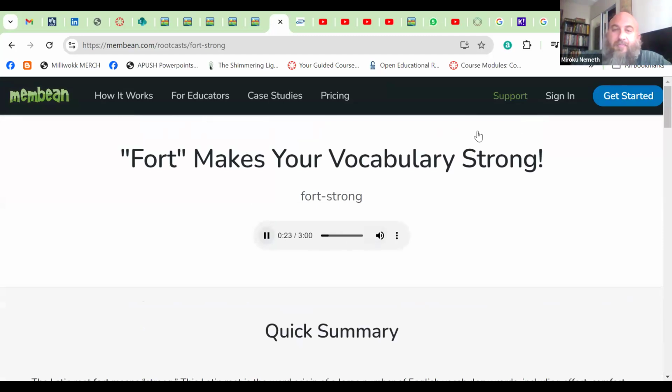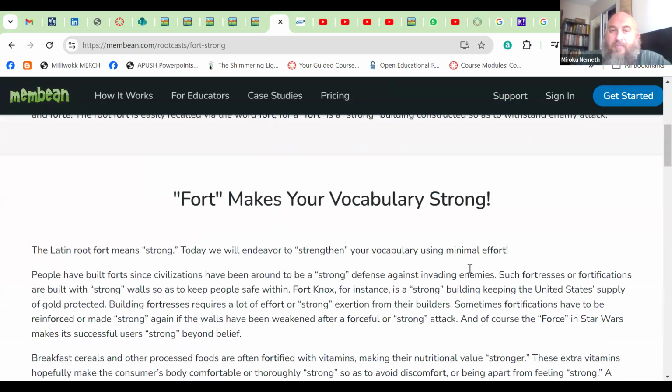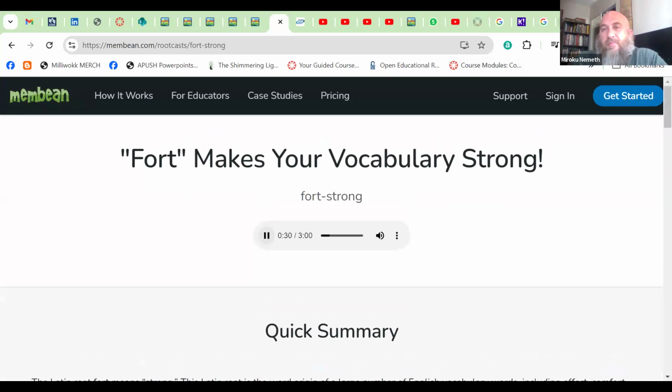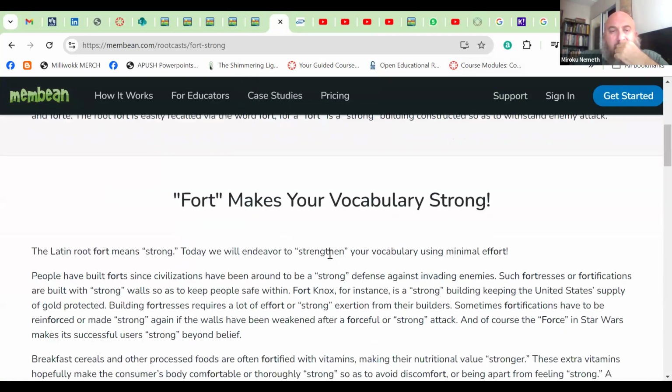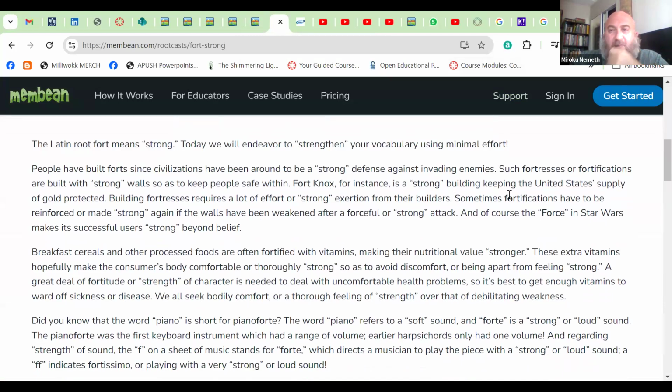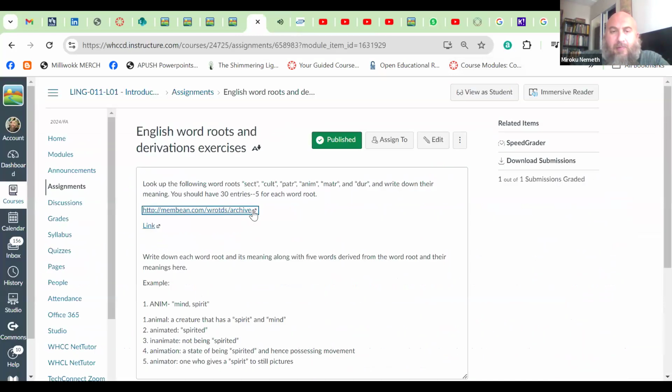People have built forts since civilizations have been around to be a strong defense against invading enemies. Such fortresses, or fortifications, are built with strong walls so as to keep people safe within. Fort Knox, for instance, is a strong building keeping the United States' supply of gold protected.